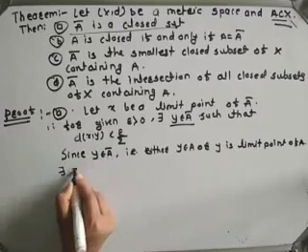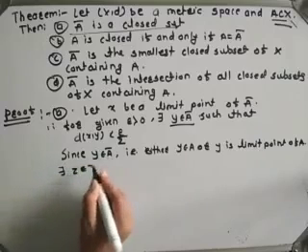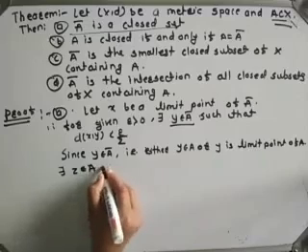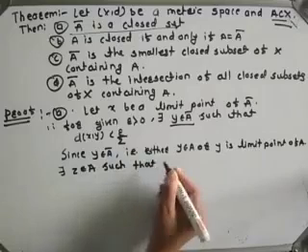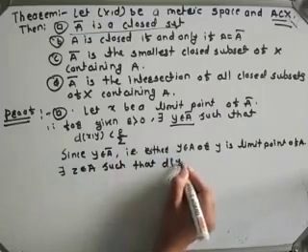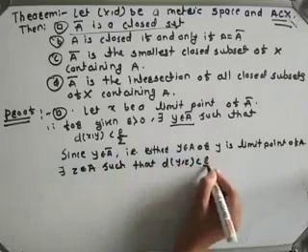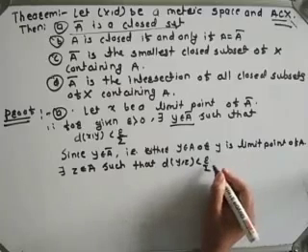There exists Z belongs to A such that distance between Y and Z is strictly less than epsilon by 2.